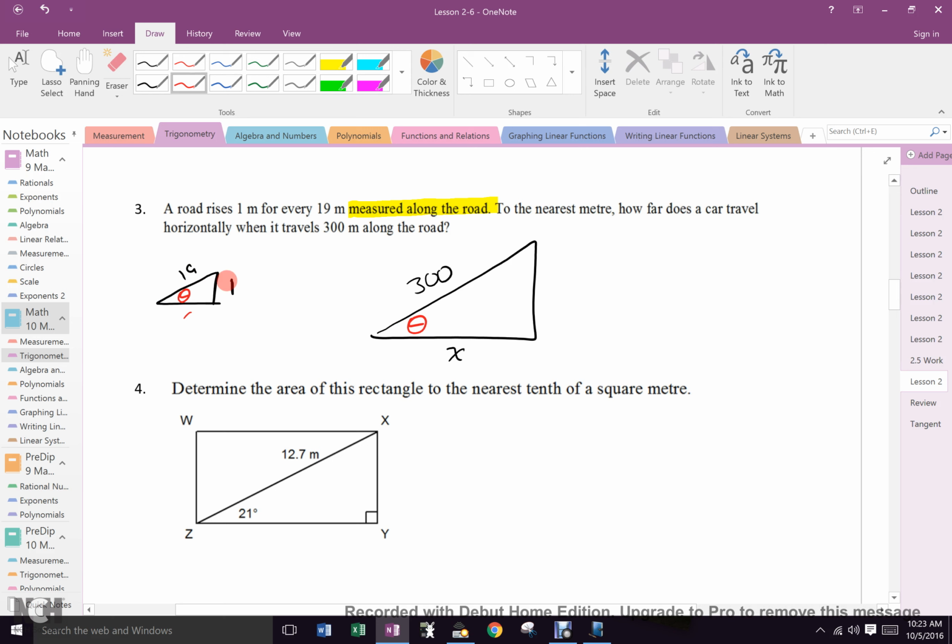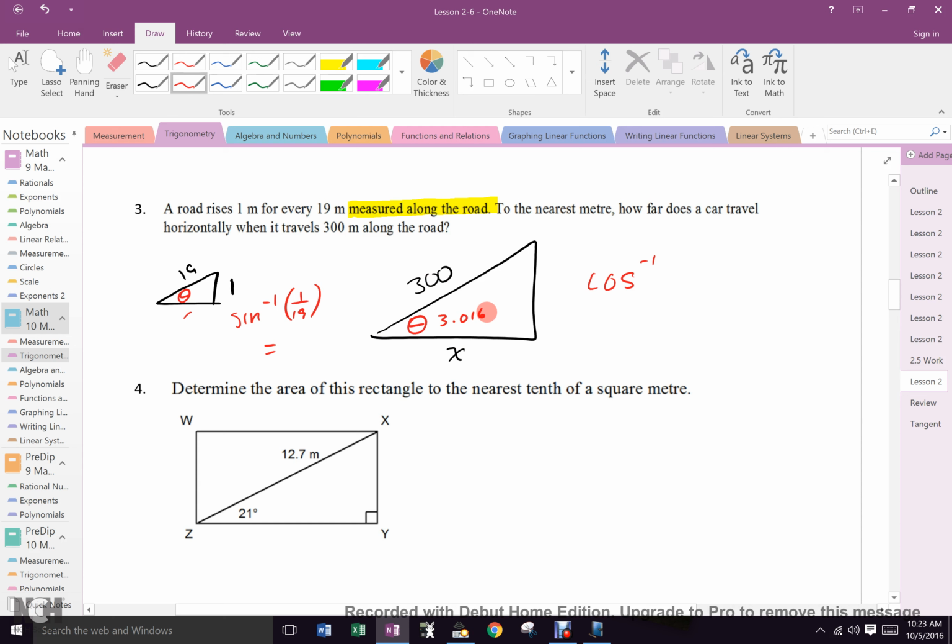So if you use shift sine of 1 over 19 to get theta, can't you do cos here to get x with that hypotenuse? Because it's going to be the same angle, isn't it? So if I do shift sine of 1/19th, I get 3.016 degrees.